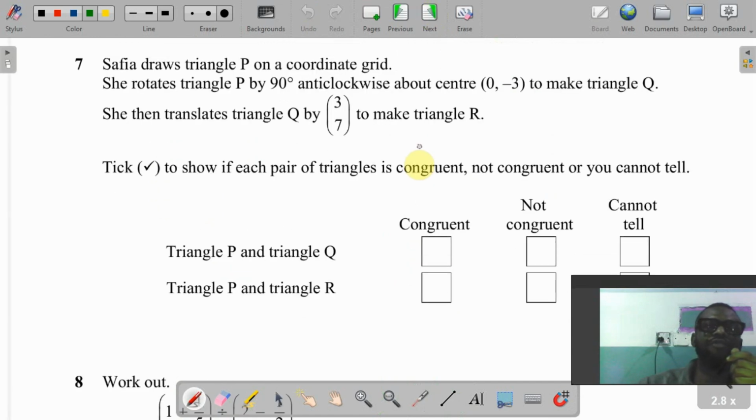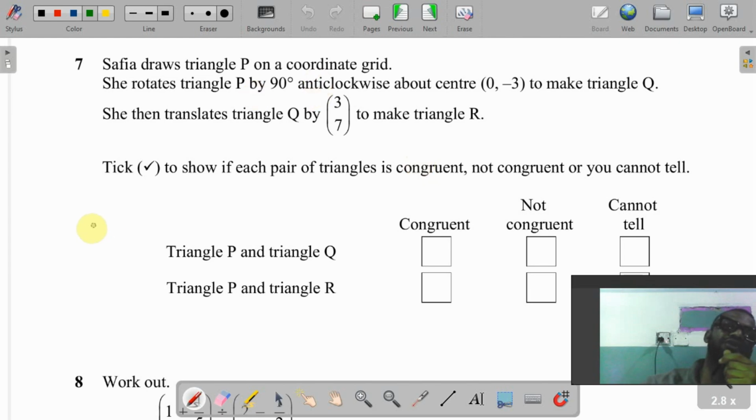Safia draws triangle P on a coordinate grid. She rotates triangle P by 90 degrees anticlockwise about the centre to make triangle Q. She then translates triangle Q to make triangle R. Tick to show if each pair is congruent, not congruent, or you cannot tell. Now, there are two transformations here.